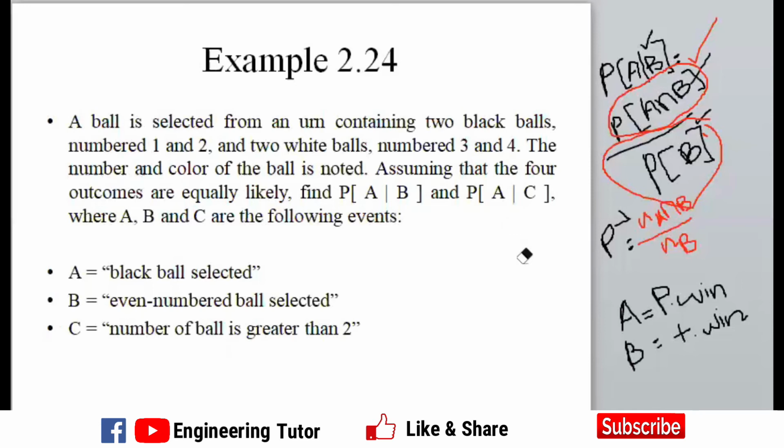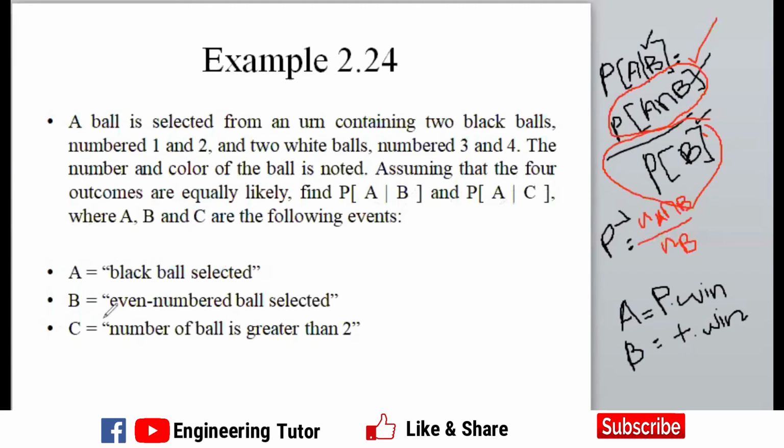These are four balls in a basket. The number and color of the ball is noted. Assuming that the four outcomes are equally likely, find the probability of A given that B has occurred and the probability of A given that C has occurred, where A, B, and C are the following events. The events have been written down here.